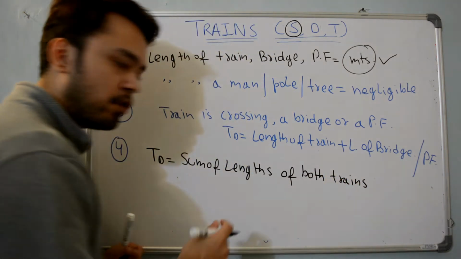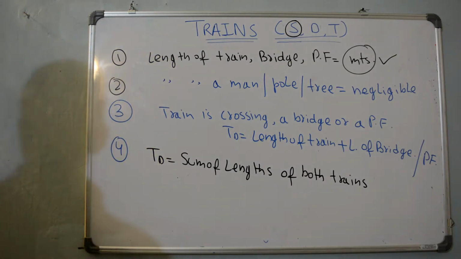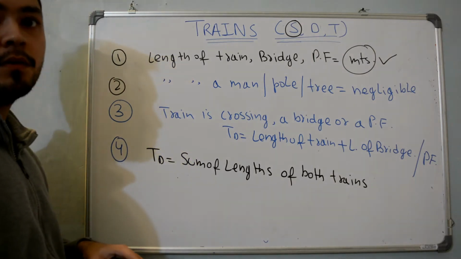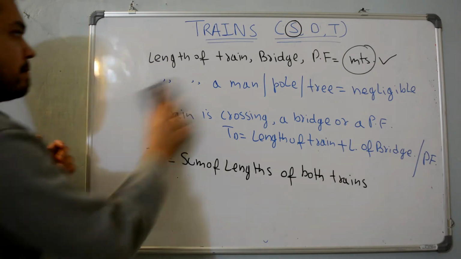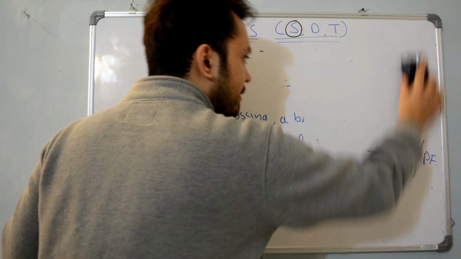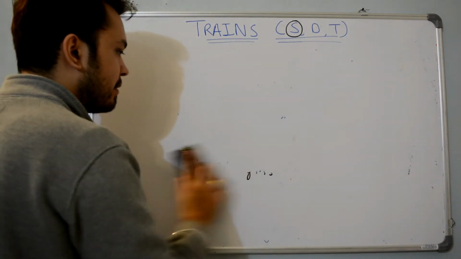Sum of length of both trains. Okay? Now we have talked about pretty much the case of distance over here. Now we'll move to our case of what? Speed. The time will remain the same in every question rather. That will be seconds. Okay, generally in seconds.